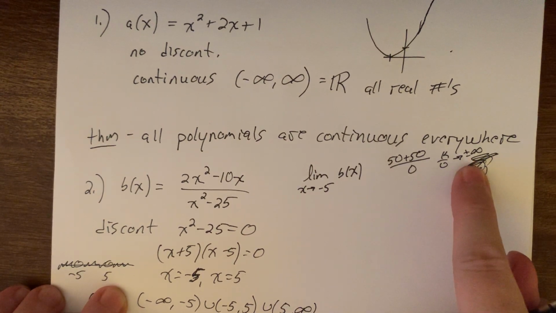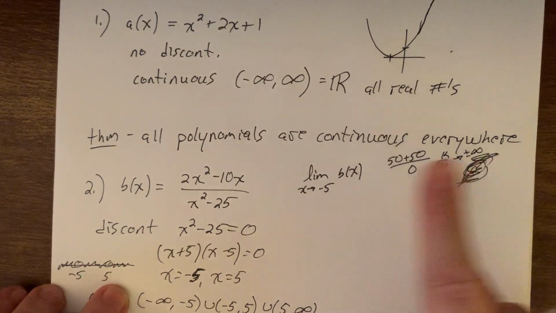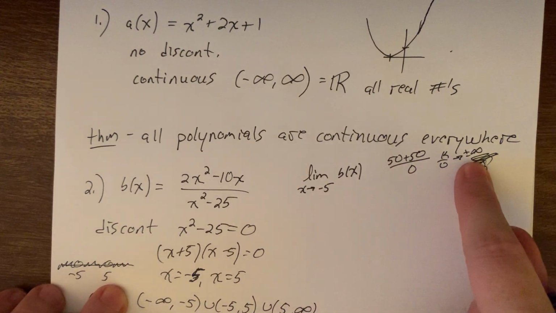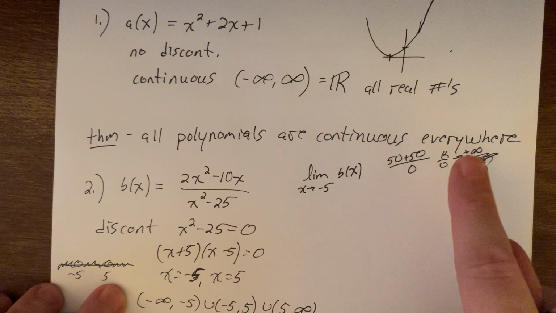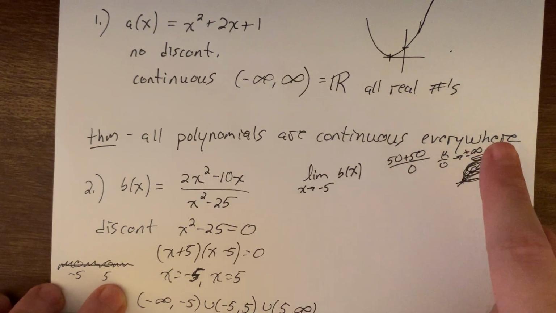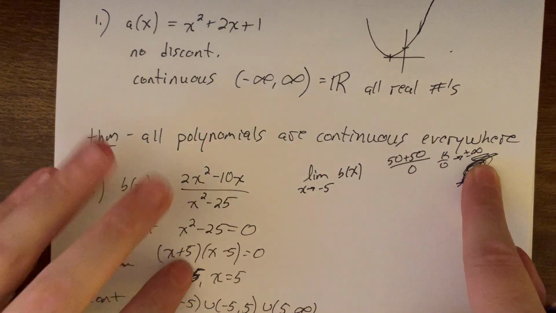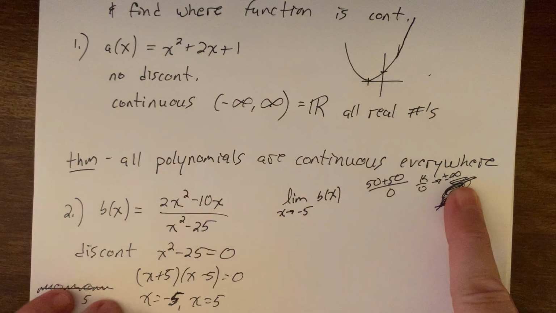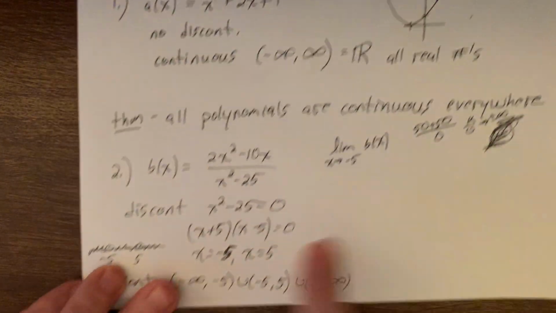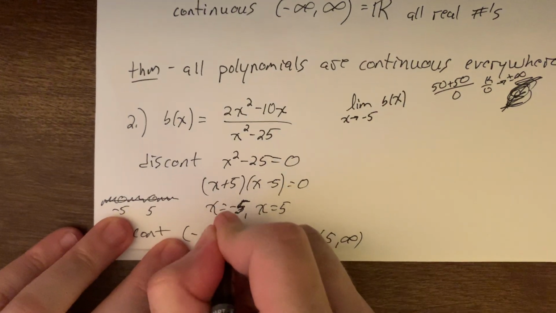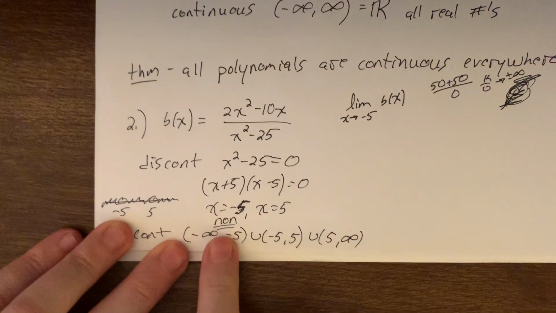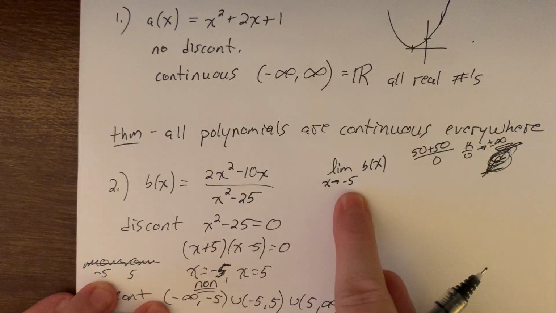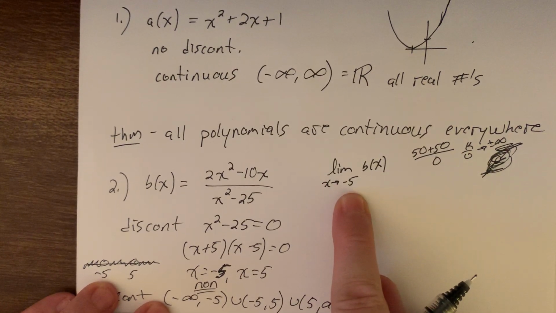If I really wanted to finish this limit problem, well, I'd have to approach -5 from the left, -5 from the right, figure out which infinity. But as soon as I get the k over 0, I know my limit is some infinity. And whether the limit is positive, negative infinity, or does not exist, either way, that tells me this is a non-removable discontinuity. -5 is a vertical asymptote.